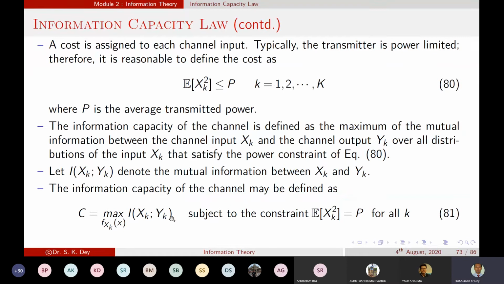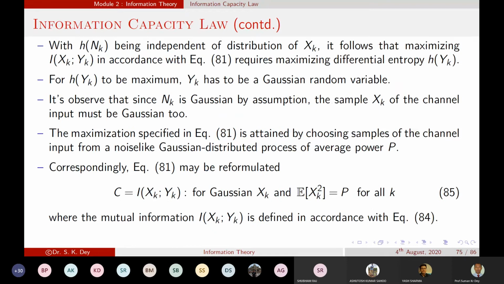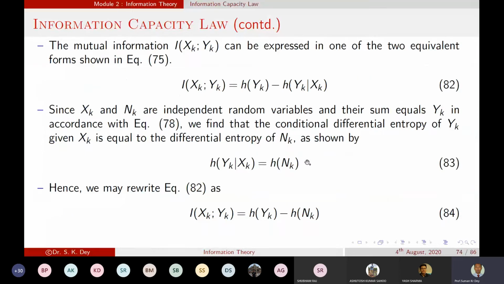we want to find out the maximum information capacity, and we are required to maximize the differential entropy of yk. In this equation, this term is not dependent on xk and this term is dependent on xk.